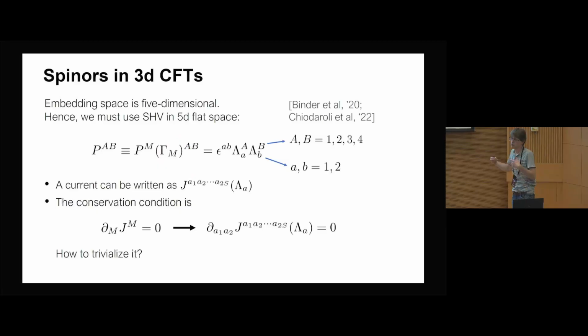That's why we call it a little group index. So in terms of these embedding space spinors, we can express a current, a tensor, in terms of a tensor that has 2s little group indices. It depends on these spinors lambda. This is just a change of variables.